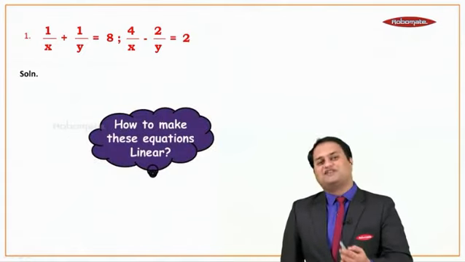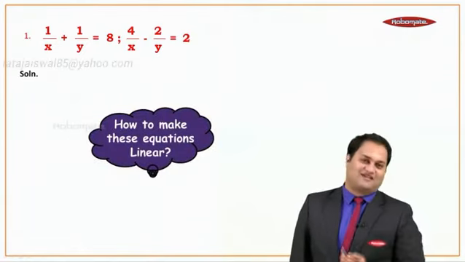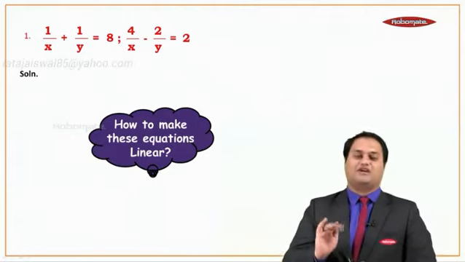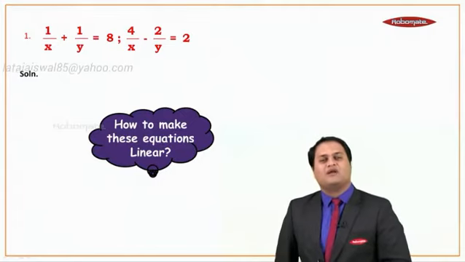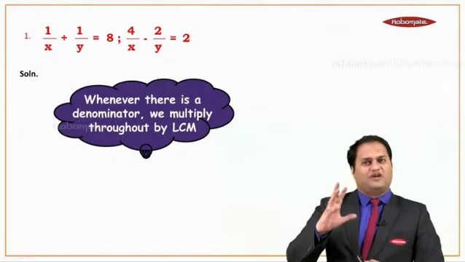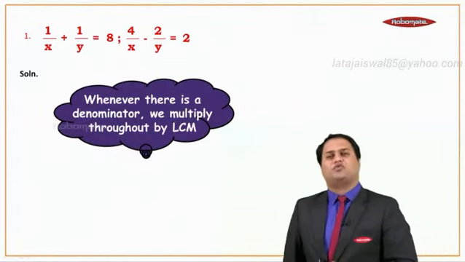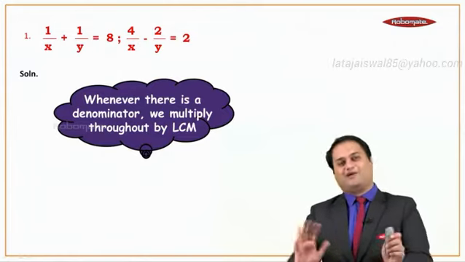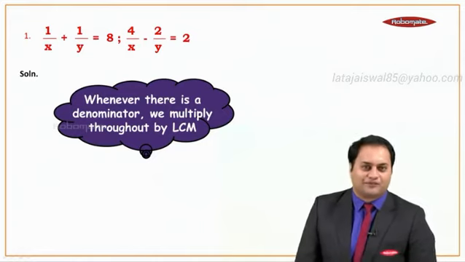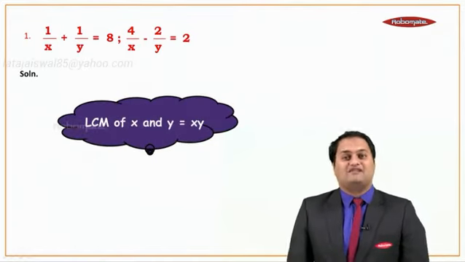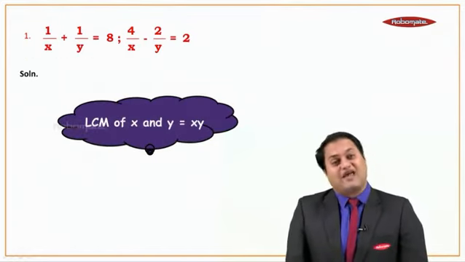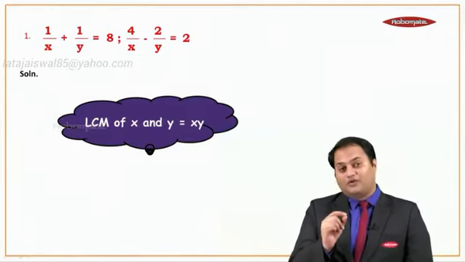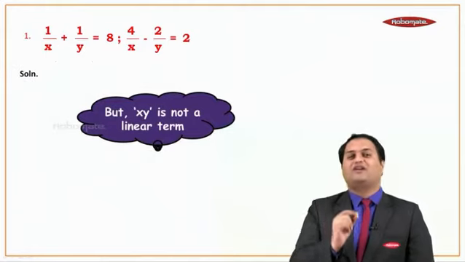So now the question is how to make these equations linear. If it is not a linear equation, we will first have to make it linear. Normally, whenever we see a denominator, we multiply throughout by the LCM, as we have studied before. But here, the LCM of x and y is xy, and the problem is, xy is not a linear term.